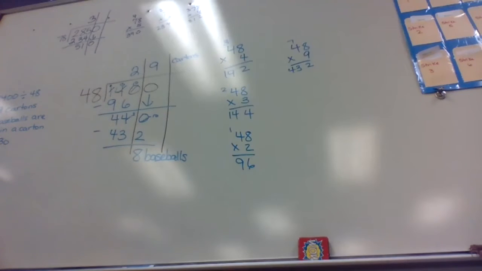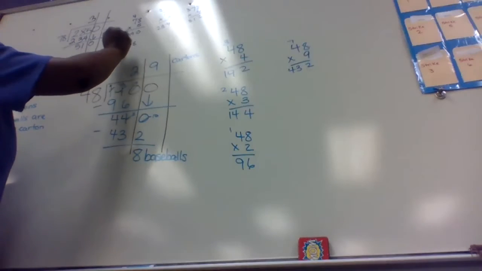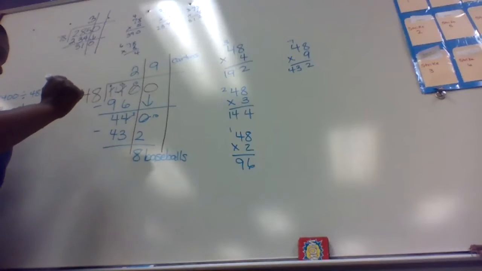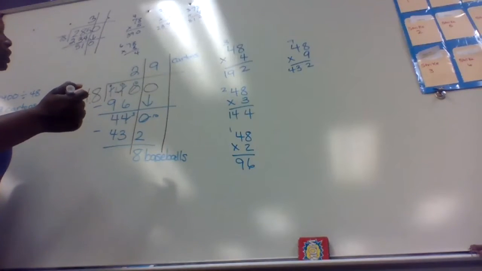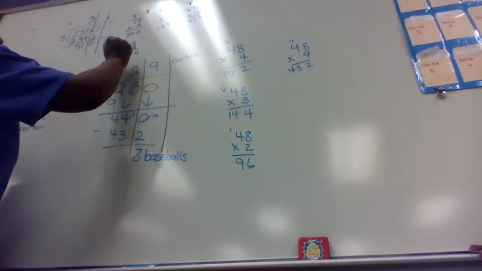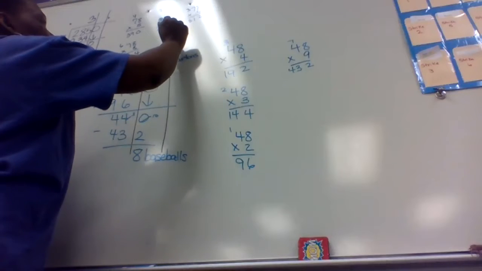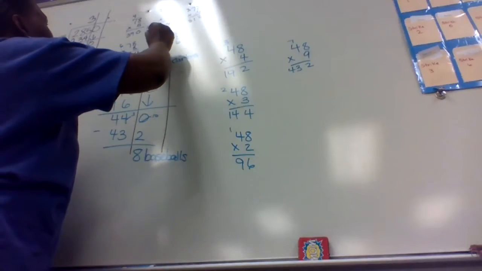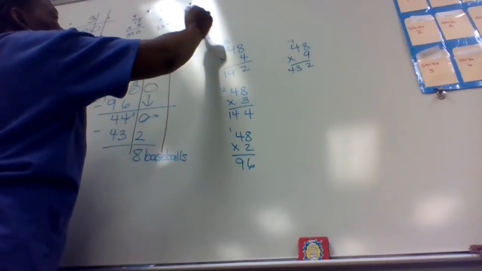Okay. So 590, 78 times 8. That's too much. Try 5 or 6. Make it 6.